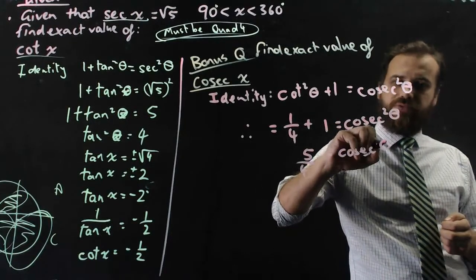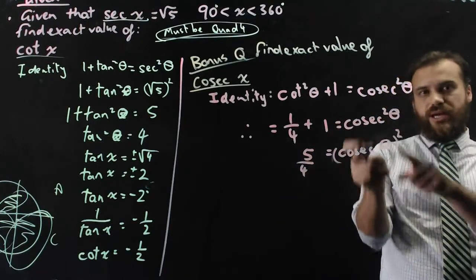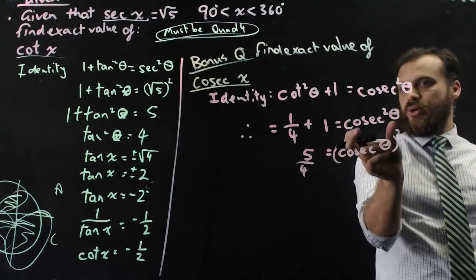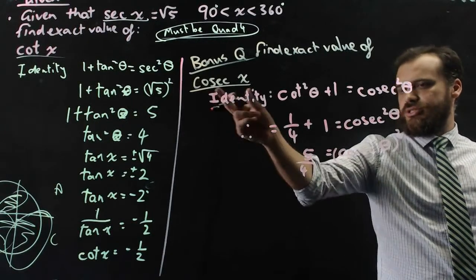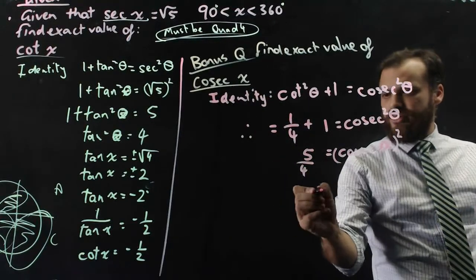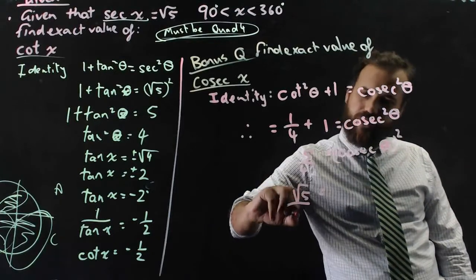I'm just going to write that a bit differently just so you get a feel for this. But I don't want cosec squared theta, I want cosec x. Now, I need to square root everything. So it's going to be square root of 5 over square root of 4, which is 2.